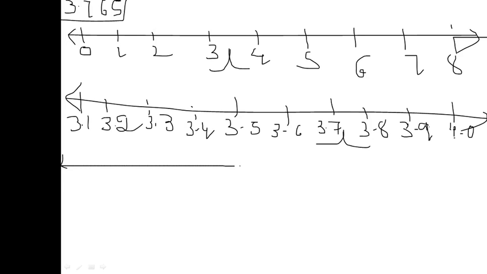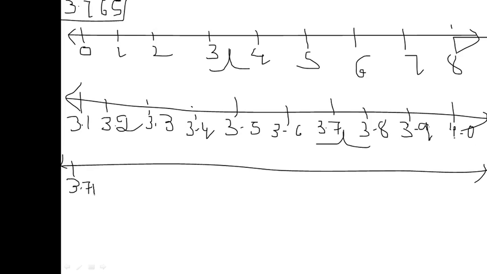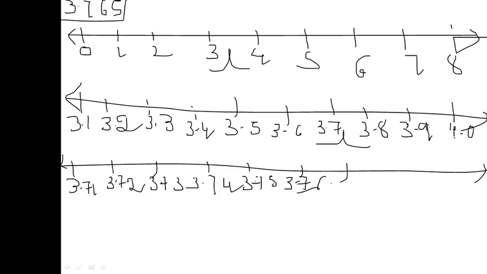Then 3.765 will come between 3.7 and 3.8. Let me magnify this. Then we will get 3.71, 3.72, 3.73, 3.74, 3.75, 3.76, 3.77, 3.78, 3.79, 3.8.